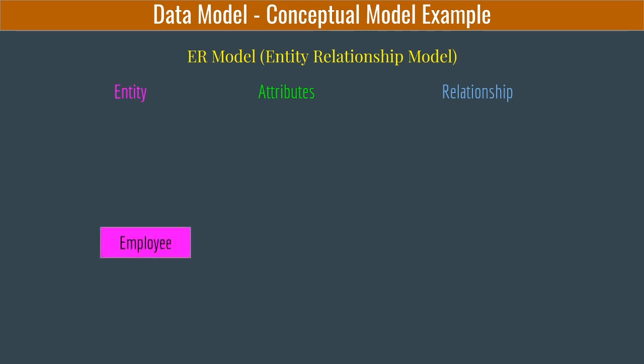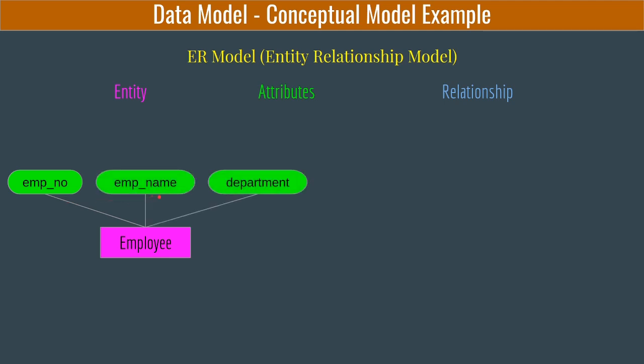Let's say that we are storing a database about an organization or a company. Okay, so the database inside the company will have details about the employee. So employee is an example for entity, and each employee will have different attributes. For example, employee entity will have employee number, employee name and department to which that employee belongs.